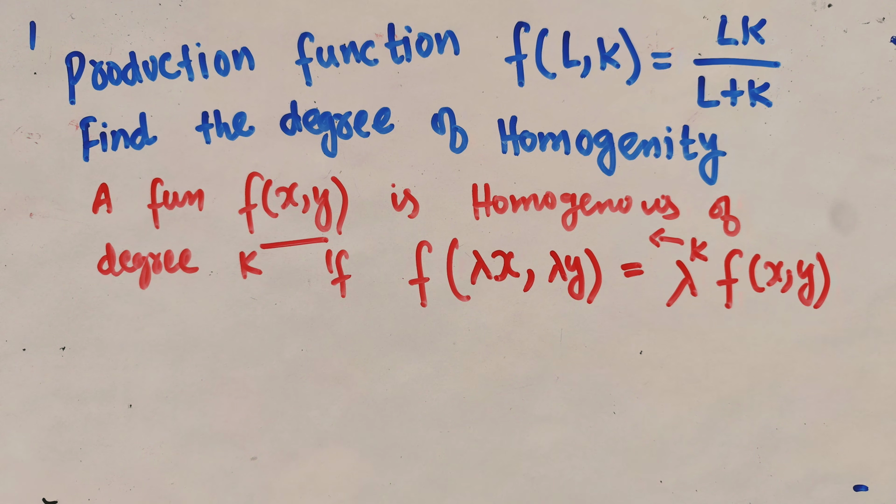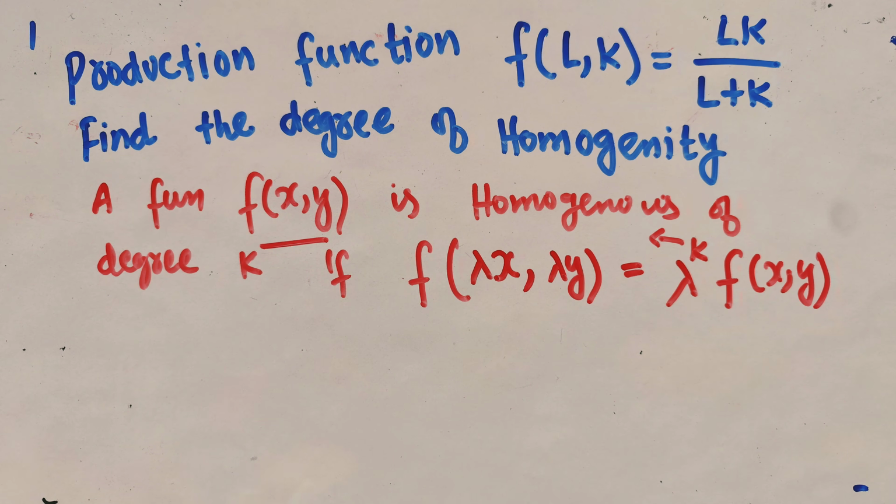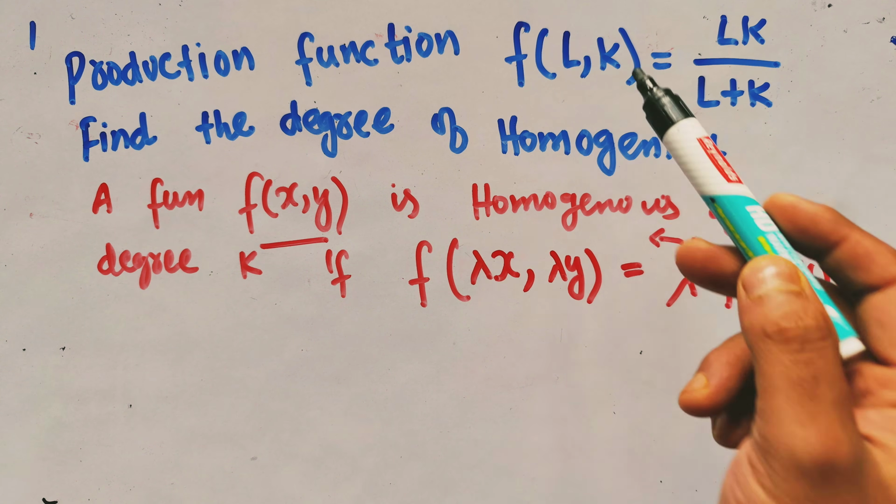We are being given the production function here. Let us increase each of the inputs by a factor lambda.